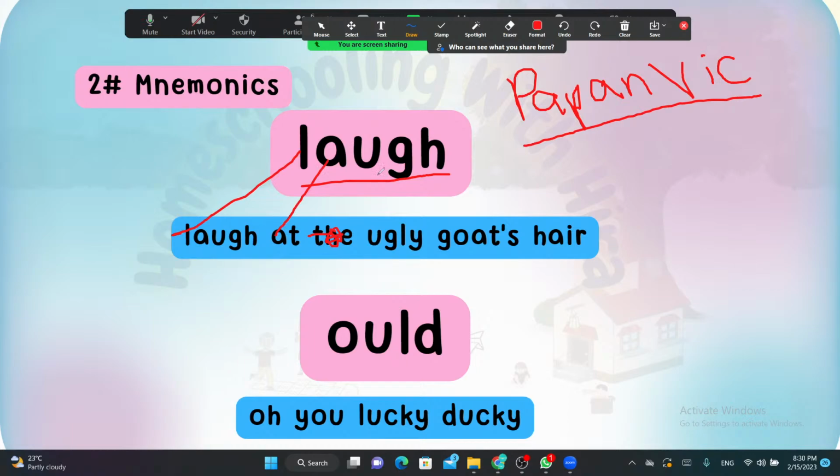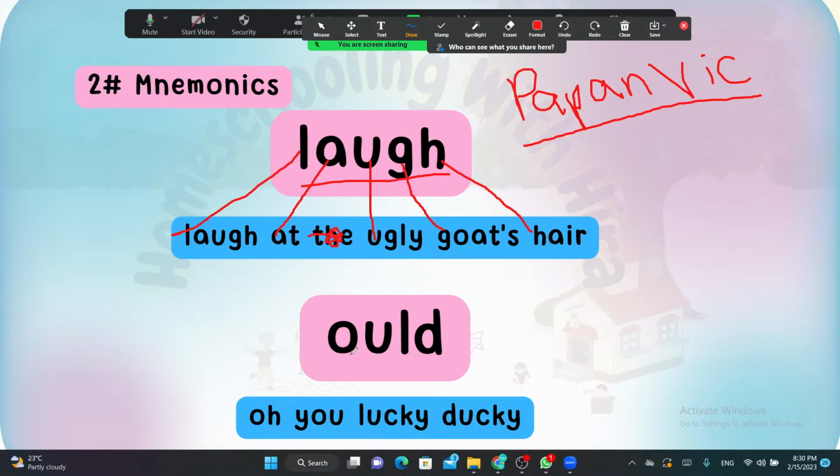Okay, so you can make a phrase like this, and then they will just think of it in their mind and write the first letters. Laugh at ugly goat's hair. L-A-U-G-H is the spelling of laugh.